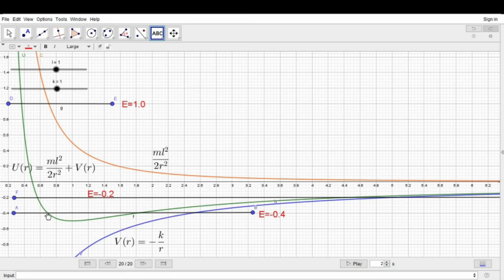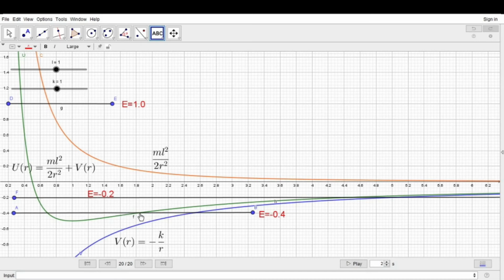And that's where the radial extent is, the limits of where the energy curve crosses the effective potential. The energy of the particle has to be above the effective potential to get there. You can't have a total energy that's below your potential energy and have your particle be there.